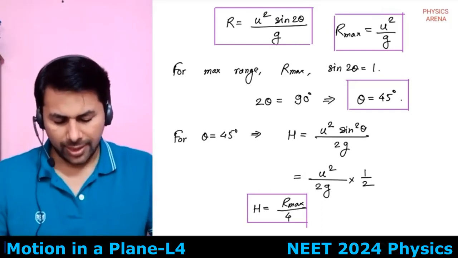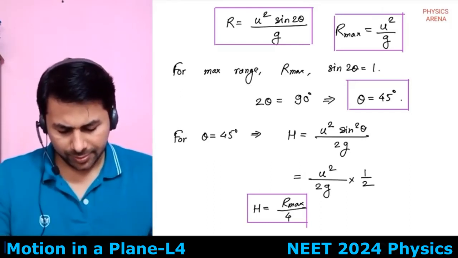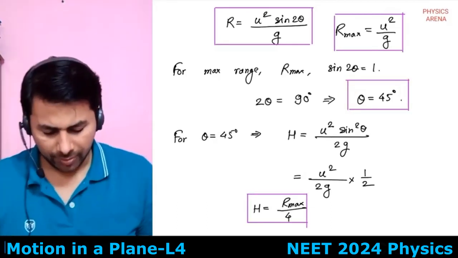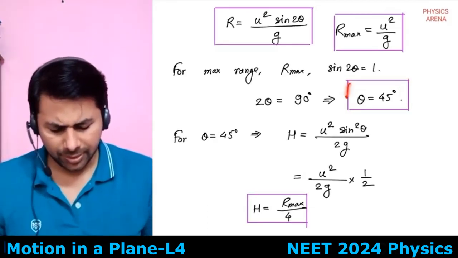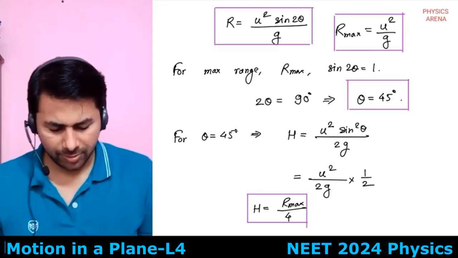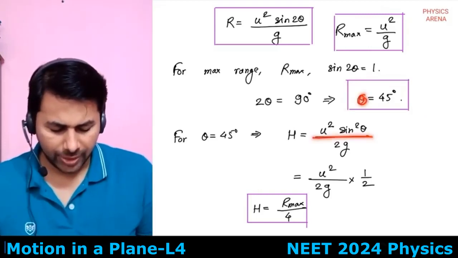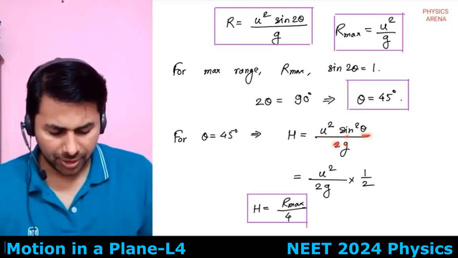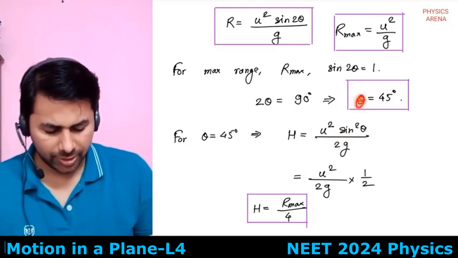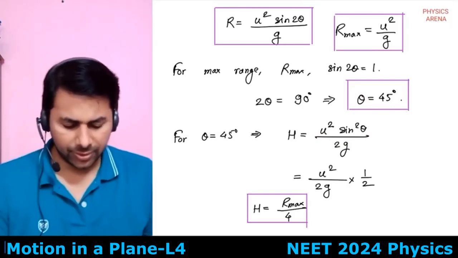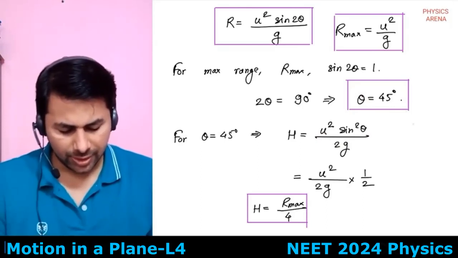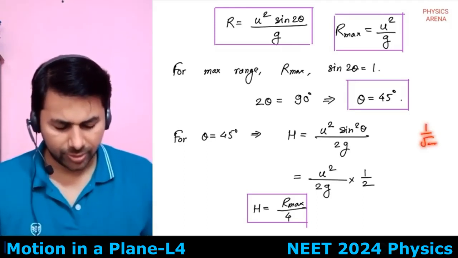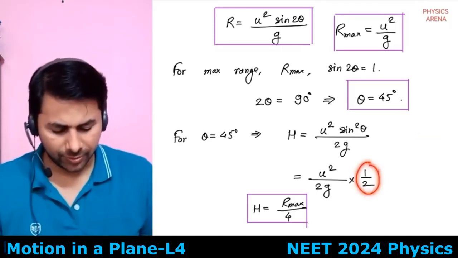And when you throw it at this angle, how much will be the height? If you substitute that in the formula of height, u square sine square theta upon 2g, you put theta equals 45 degrees. Then we know sine of 45 degrees will be 1 upon root 2, so its square will be 1 by 2.